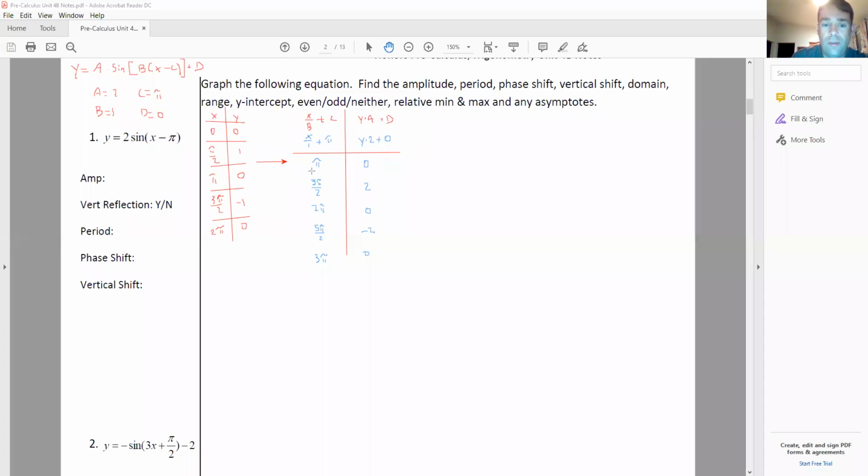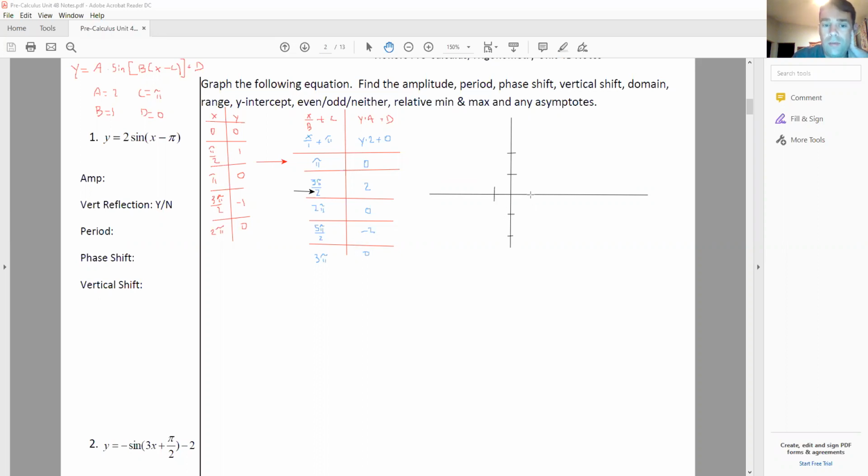Now when I go to graph this, I always look at my x values, and I take a look at whatever my largest denominator is. In that case, my largest denominator is 2. So I'm going to graph by pi over 2. I always graph by pi over whatever the largest denominator is. So when I go to graph the dumb thing, I can see that my largest value is positive 2, and my smallest value is negative 2.